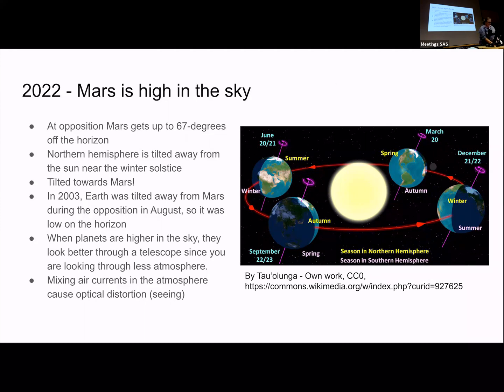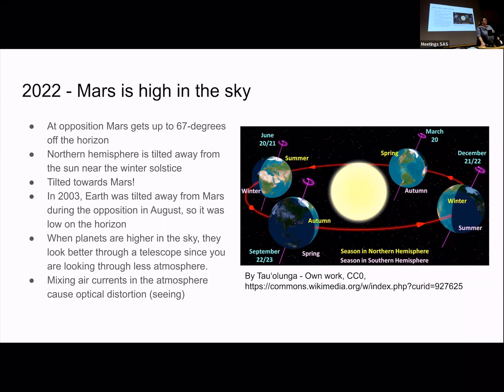So you can see that over here, the winter solstice. We've got the North Pole pointed away from the sun. What that means is, because remember where Mars is on the other side of us from the sun, the northern hemisphere is basically pointed at Mars. So Mars is really nice and high in the sky right now.